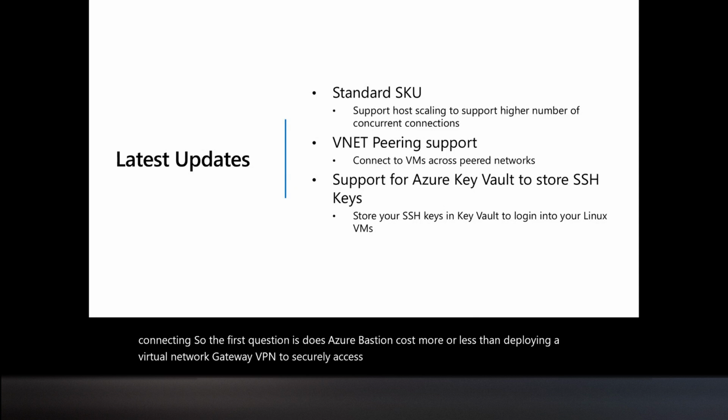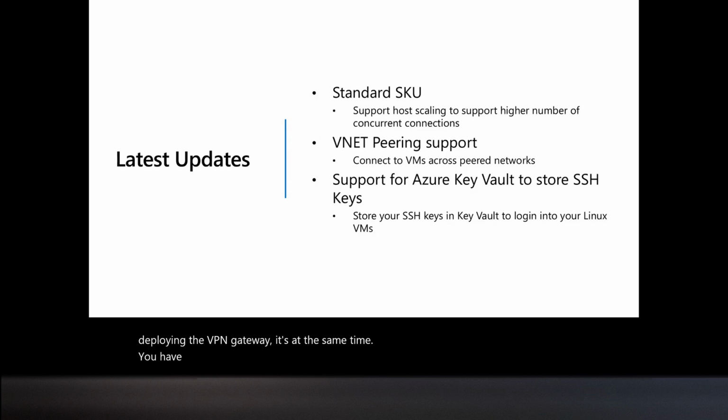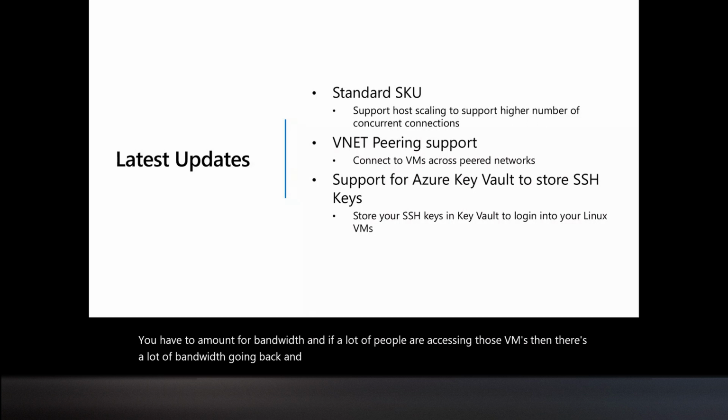Just keep in mind, it's not just deploying the VPN gateway. At the same time you have to account for bandwidth, and if a lot of people are accessing those VMs, then there's a lot of bandwidth going back and forth. You may have to get a higher SKU, so you have to see what works.